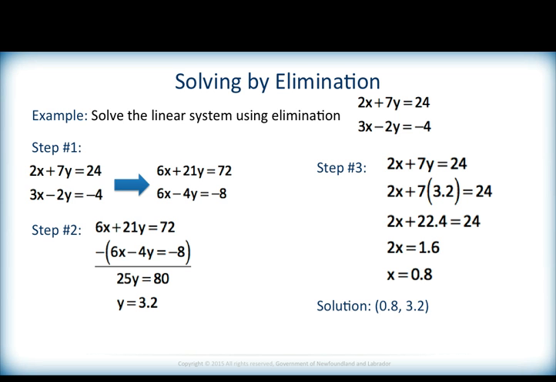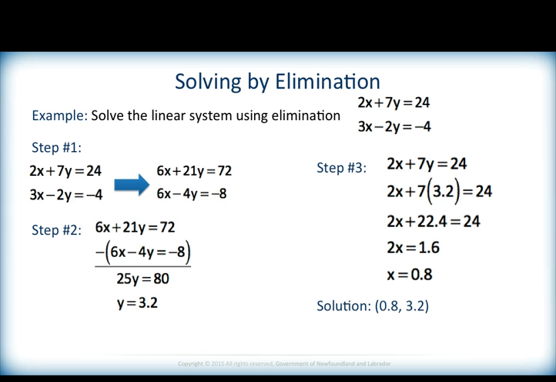Now that we have our solution for y, we're going to choose either the top equation or the second equation, and we're going to substitute that solution 3.2 in for y. So I chose my original top equation, which is fine. You could choose the top or the bottom.